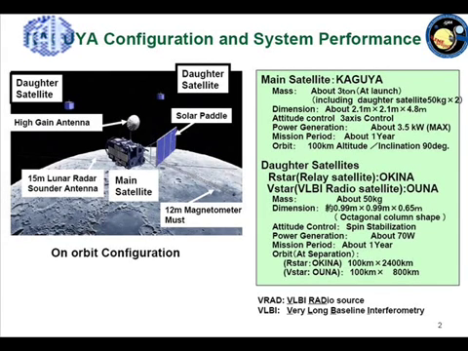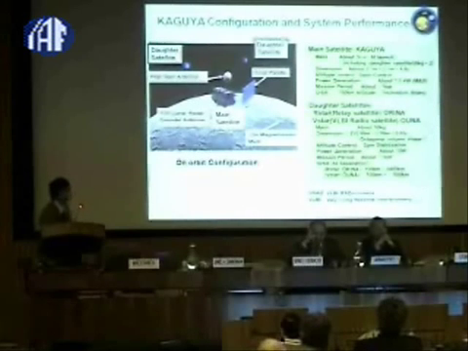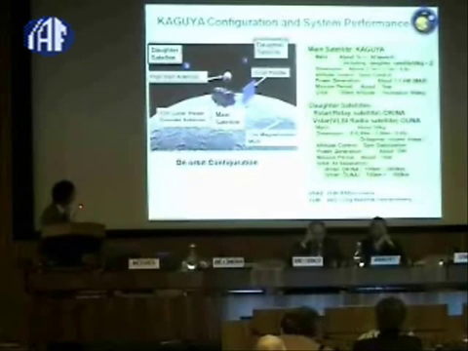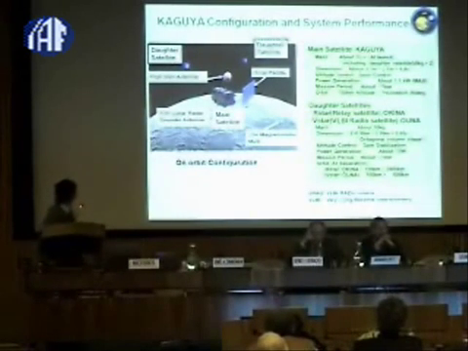And we have daughter satellites. They are named Okina and Ona. That is all the traditional Japanese names. And they are very small satellites. They are 50 kilograms, and the size is just 1 meter scale. So they are very small. And the orbit is 100 kilometers by 2,400 kilometers.